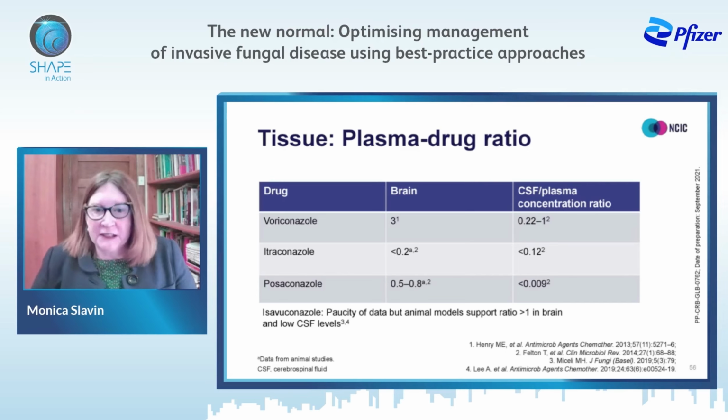We know there are clinical case series supporting the use of voriconazole in Aspergillus brain lesions, but also on the data that we know from brain and CSF to plasma drug ratios being quite favourable for voriconazole as compared potentially to posaconazole or itraconazole, isavuconazole, where we don't have as much evidence, but where animal models do support a brain ratio of greater than 1 in brain tissue, although low CSF levels. So our initial choice in this case was voriconazole.